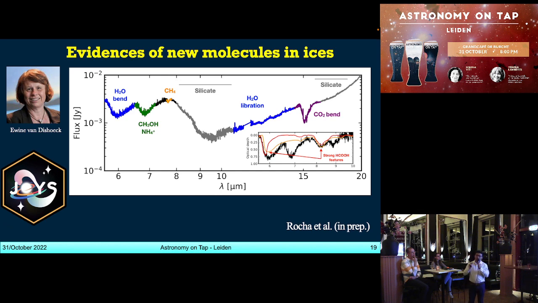This molecule was not observed before until now. We had different observations with different telescopes, space and ground-based. We never saw this molecule, although it could be there, but we never saw it precisely before. That's the first time that we see this molecule in a protostar.